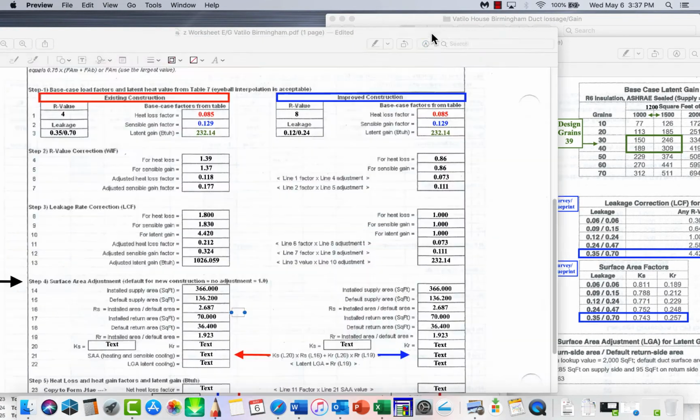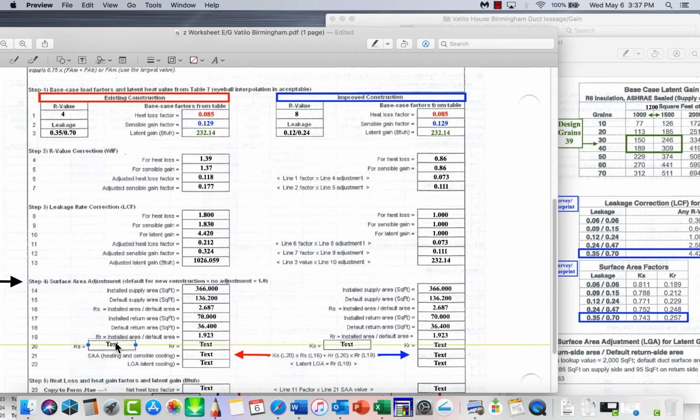Okay, so we'll go ahead and put our KS and KR numbers in there because this is uncorrected. So we can put in 0.743 for this one and 0.257 for this one. Okay.